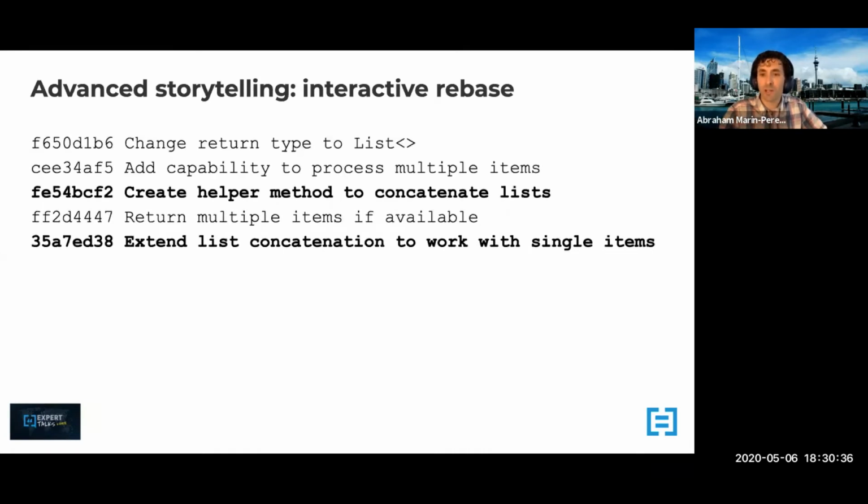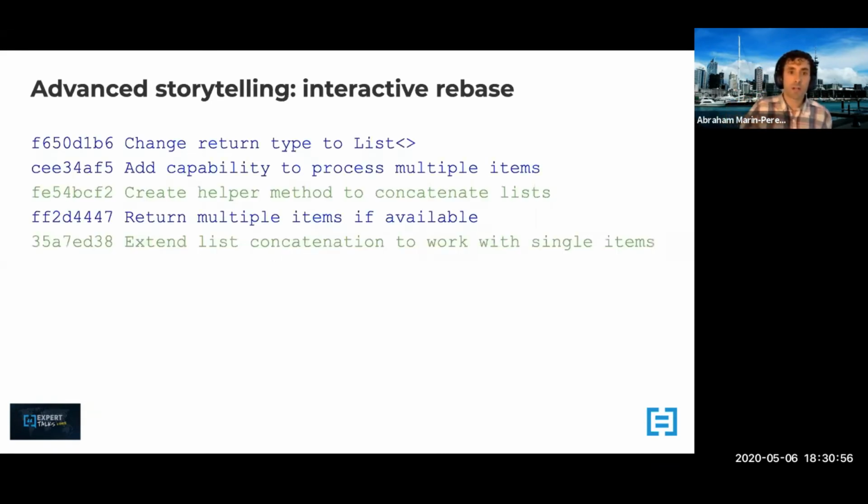These two are actually improvements that I don't want to include in my main pull request. I want to do them as a different pull request. However, because I've been working at my leisure, I now have them intertwined. So Git interactive rebase allows you to fix this. Now I'm going to show them in different colors, right? So the blue ones should be one pull request, and the green ones should be another pull request.